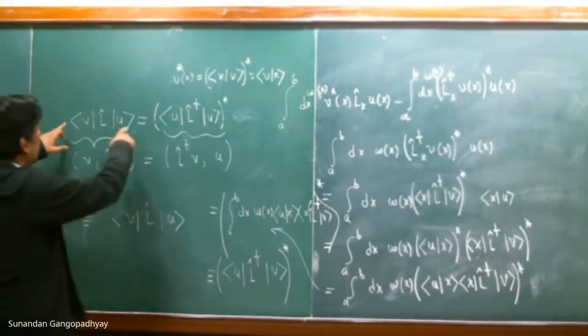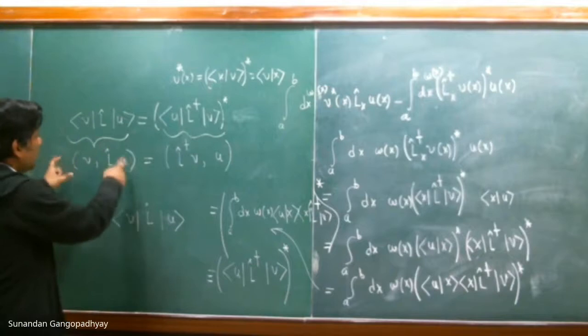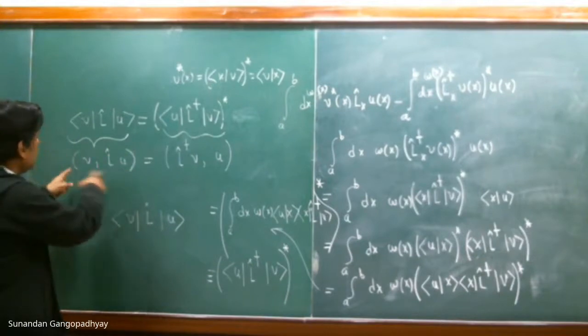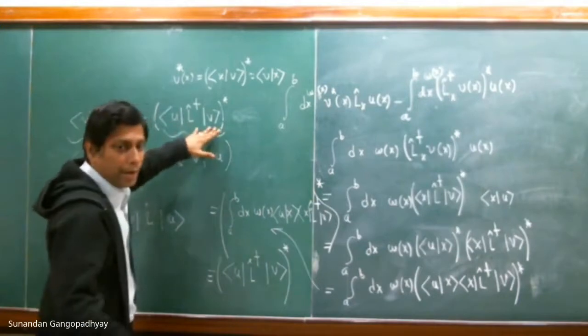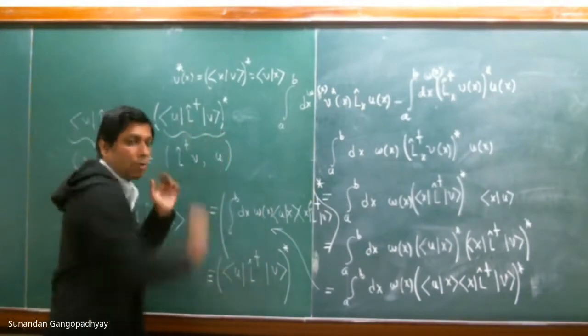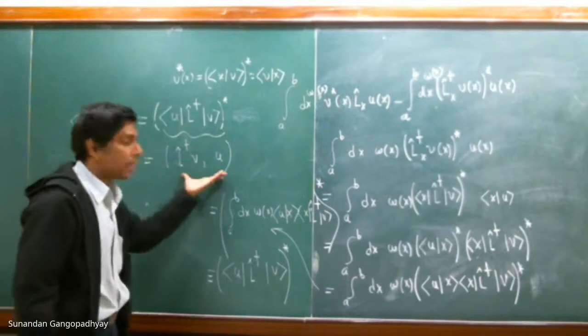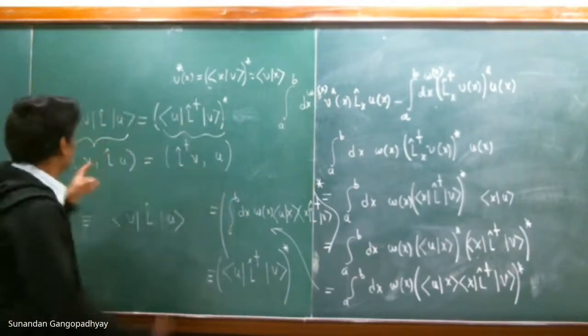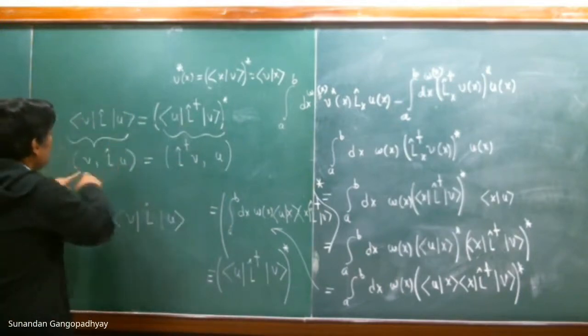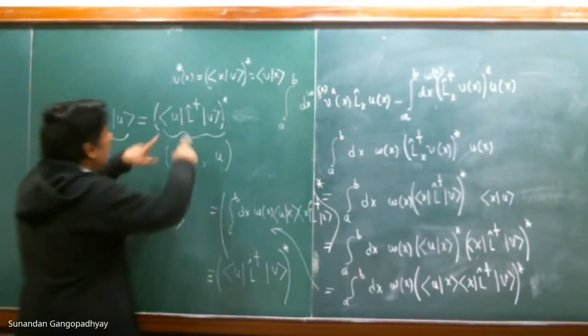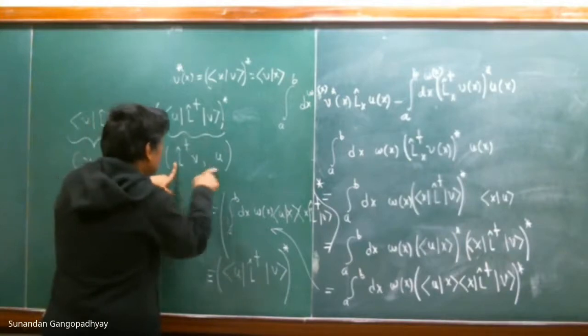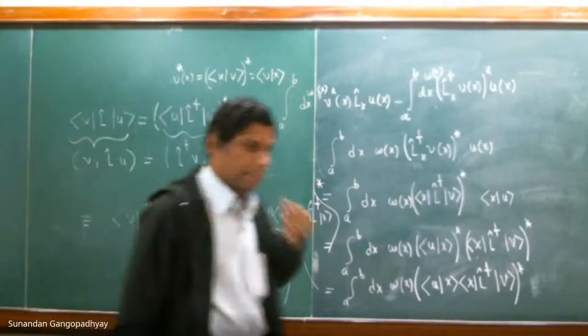So this is another notation in terms of rounded brackets with a comma, whereas the earlier one was in terms of bras and kets.